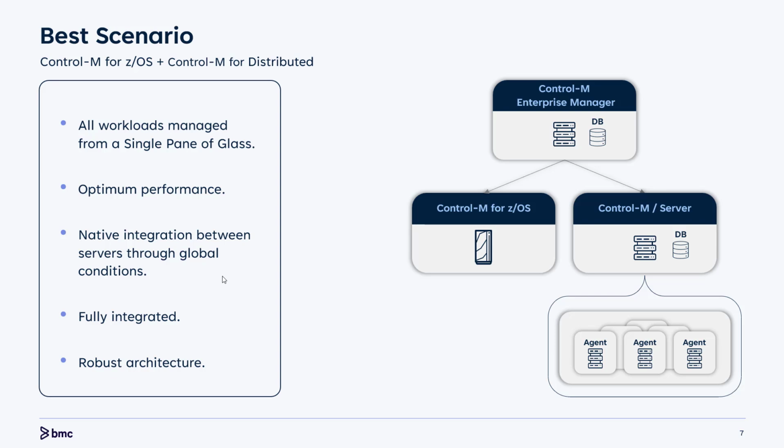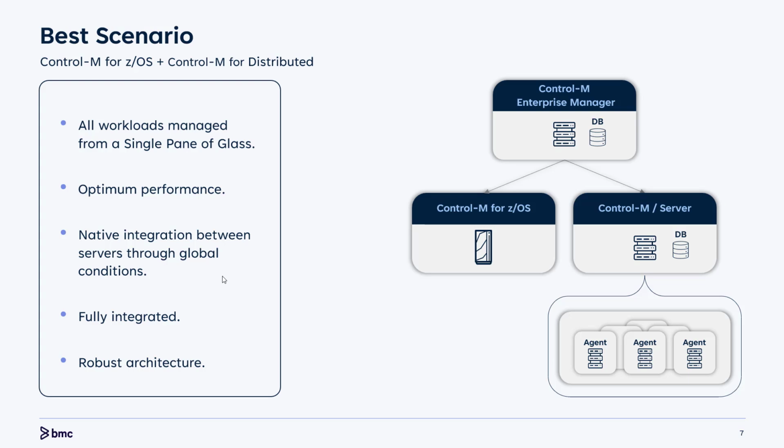So it's very easy to connect a job that is running on the mainframe to a job that will run on the distributed side. And you will have full visibility using the same tool. Everything will be fully integrated. And finally, this is a very robust architecture. So again, this is the best scenario.